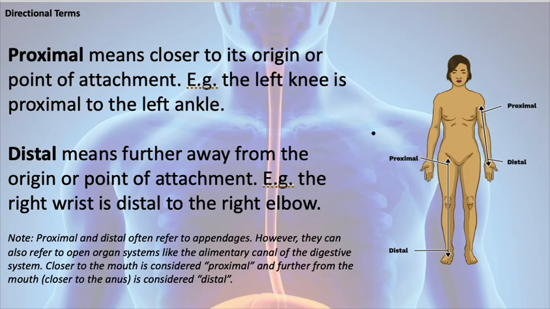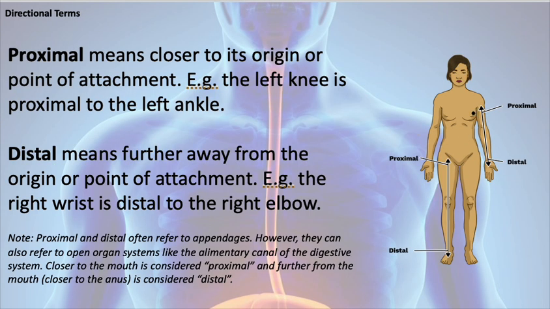And therefore, closer to the mouth is explained as being proximal. So essentially closer to the external environment, or the external of the body, if you will. And further from the mouth, closer to the anus, is considered distal.